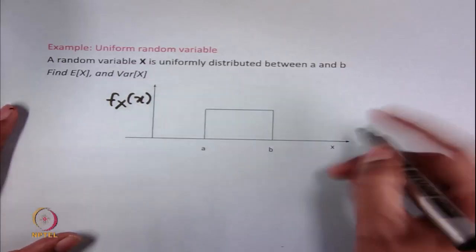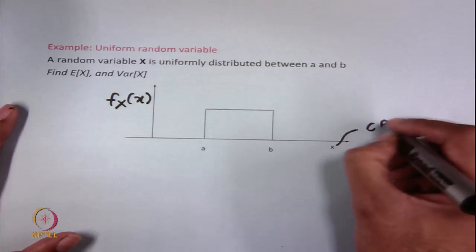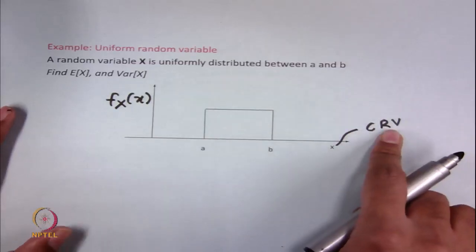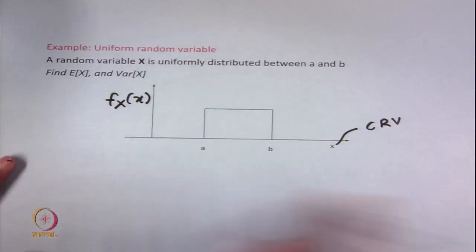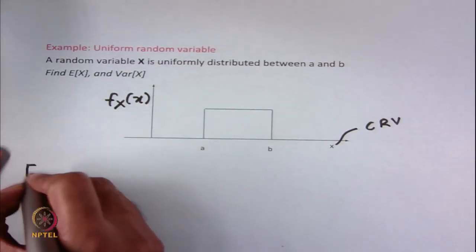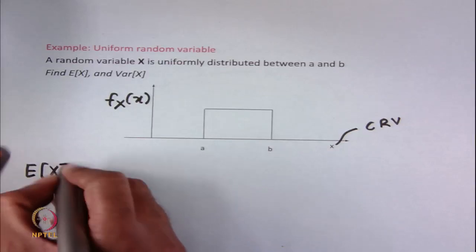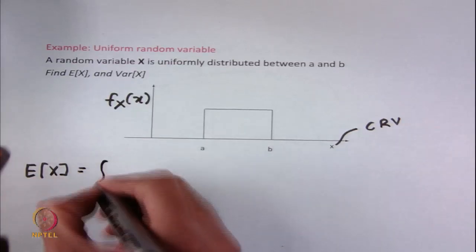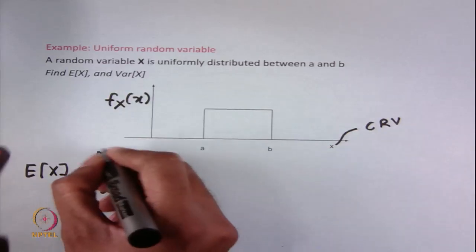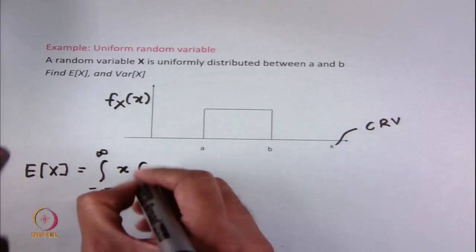So, x is a continuous random variable because its range is uncountably infinite, and let us now see what the expected value of this x is. The expected value of x is nothing but we can use the expression x times the probability density function.